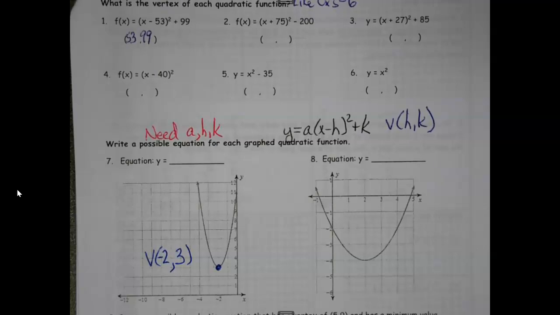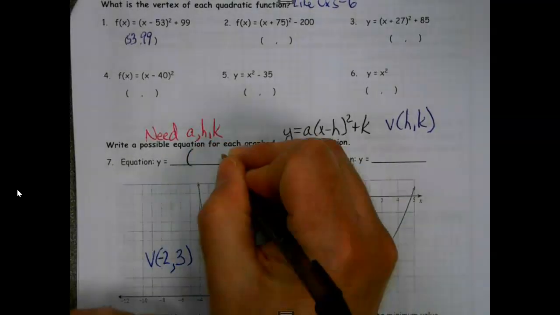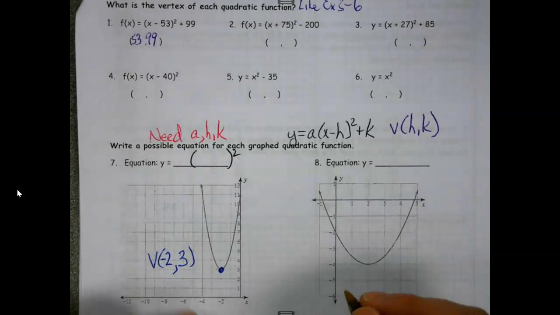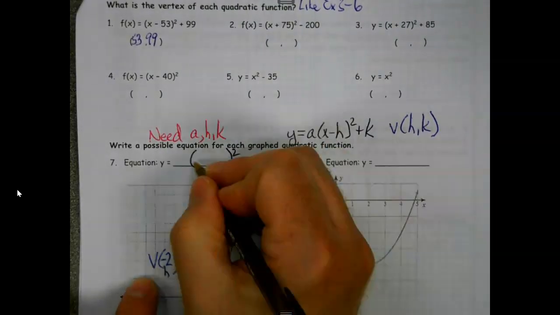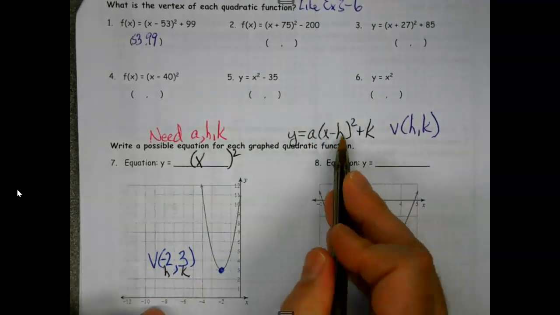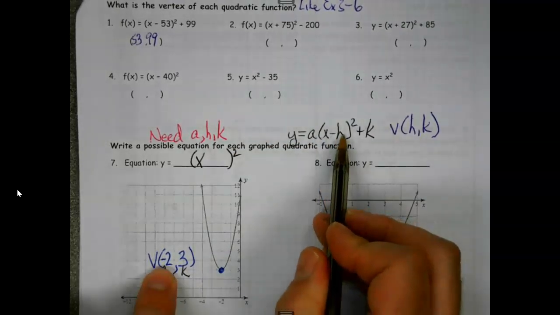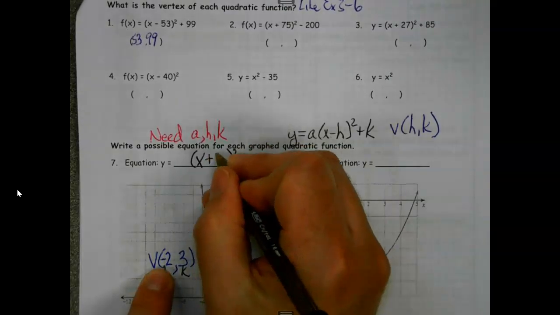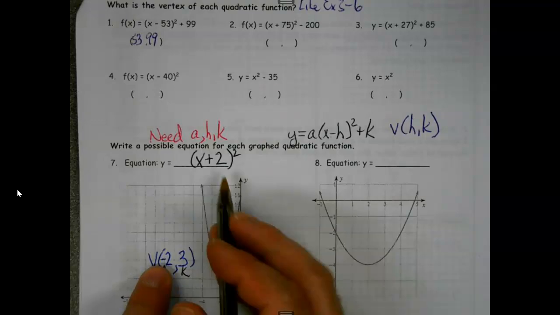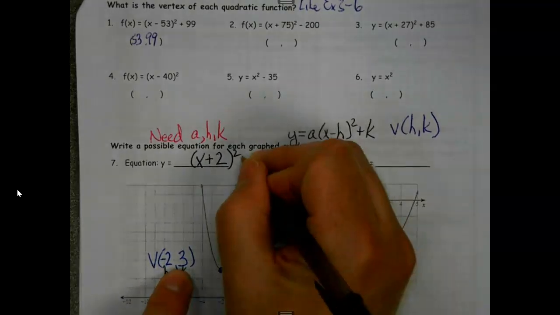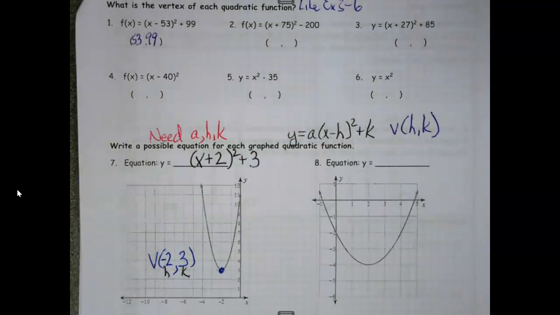So, for that part of my equation, remember, this is the opposite of H. So if H is -2, this is going to be +2. So whatever this is, we flip the sign. But whatever's out here, we put in. Now here's the part that gets a little more interesting because we haven't talked about it yet.